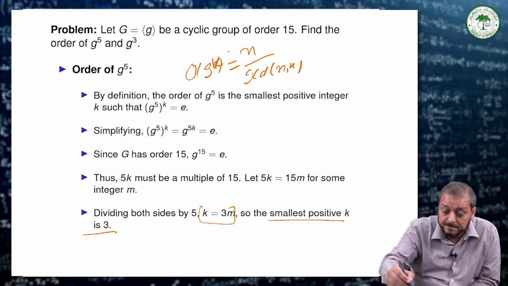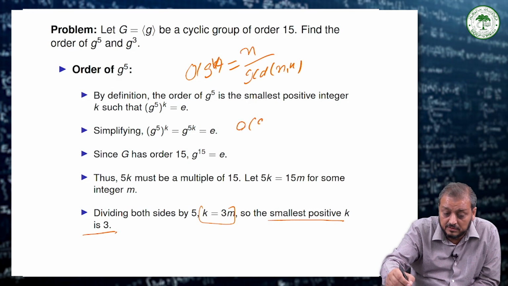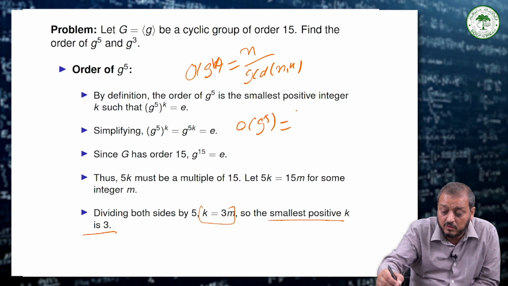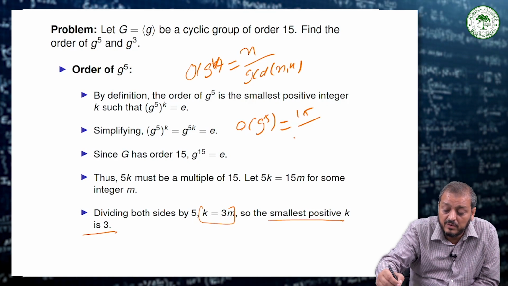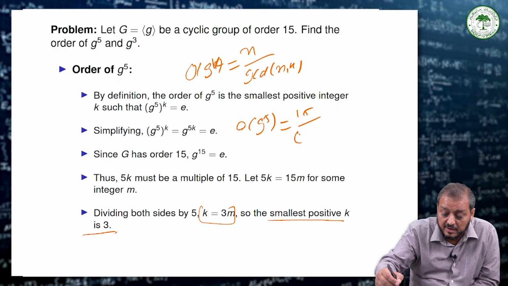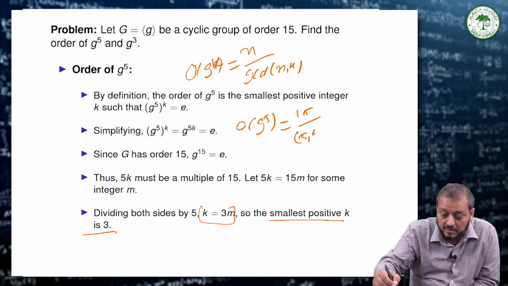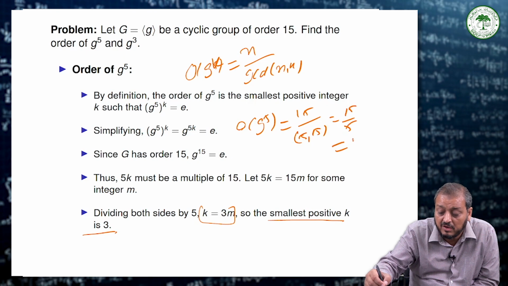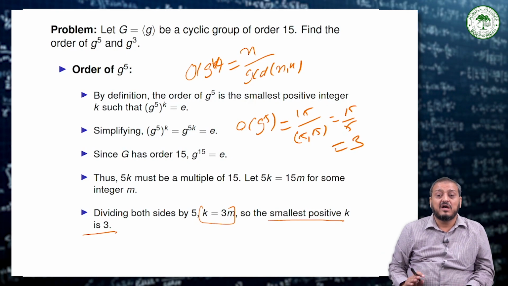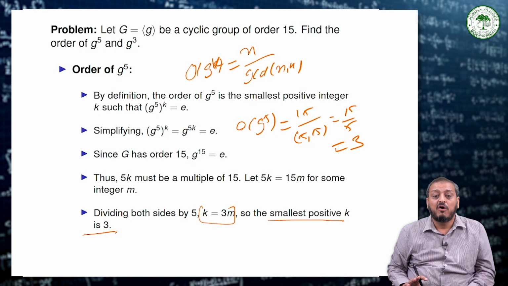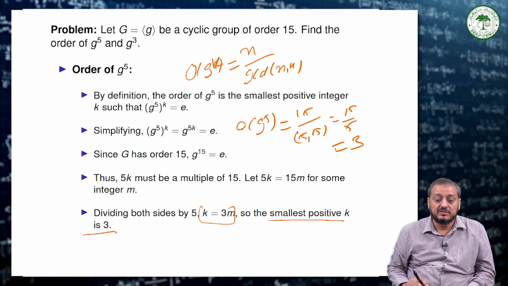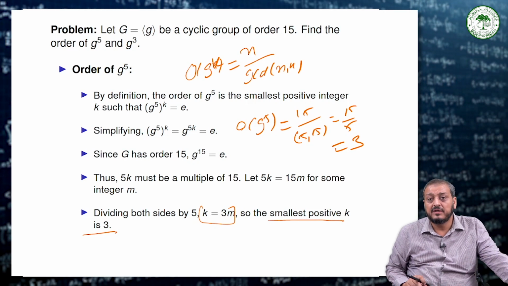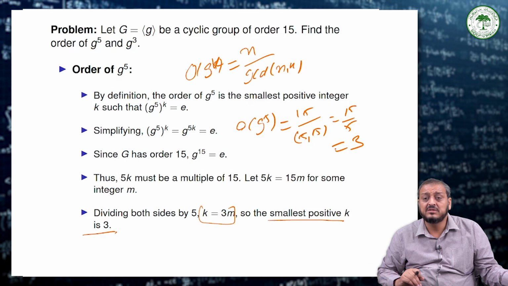So, the order of g to the power 5 is equal to 15 over GCD of 5 and 15, and 15 over 5 is equal to 3. So in this case also the order of g to the power 5 is simply 3.